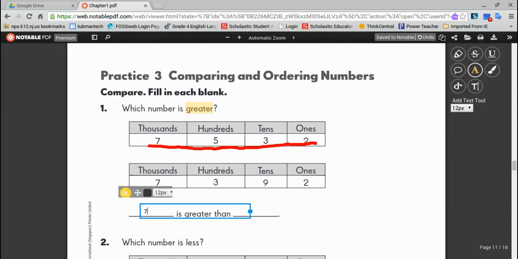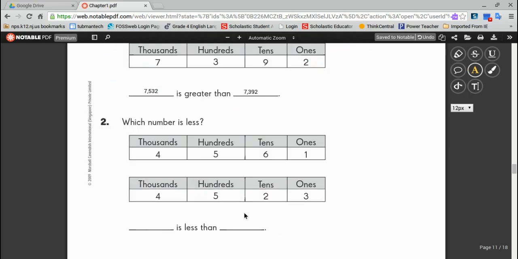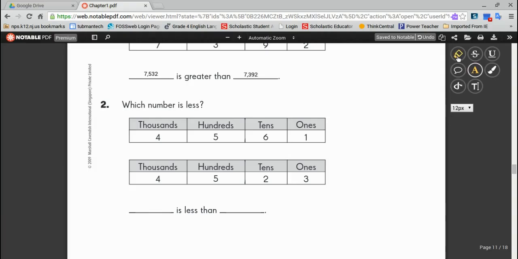So 7,532 is greater than 7,392. Okay? Number 2, which number is less? So it's the same thing as number 1, except now we're looking for the number that's less.